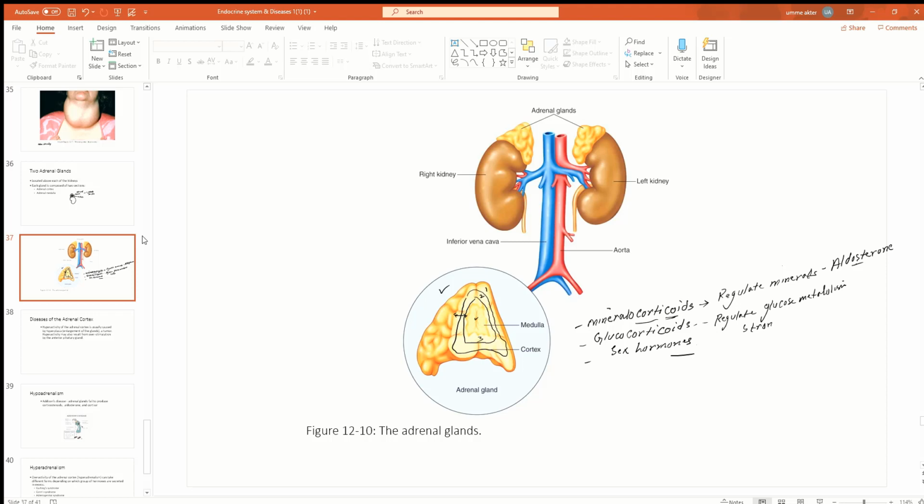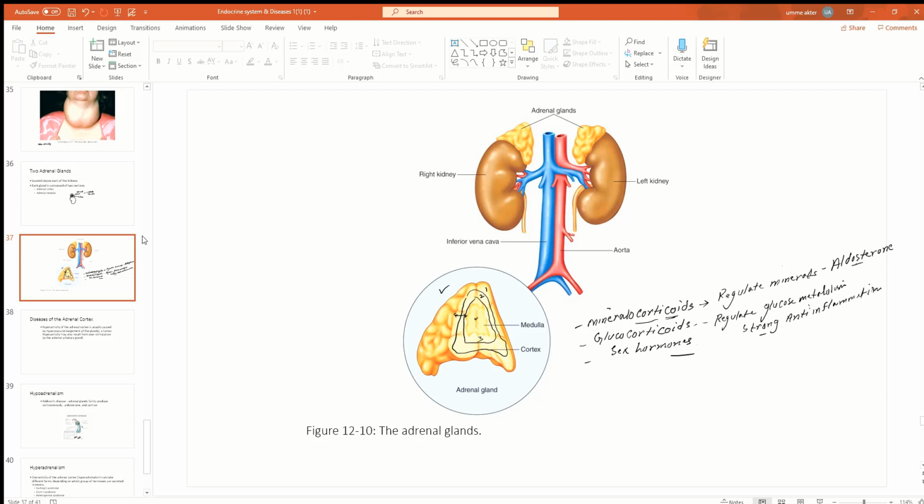So glucocorticoids are what? They cause strong anti-inflammation, heal the inflammation, very strong action.